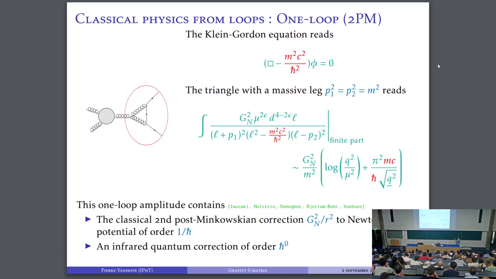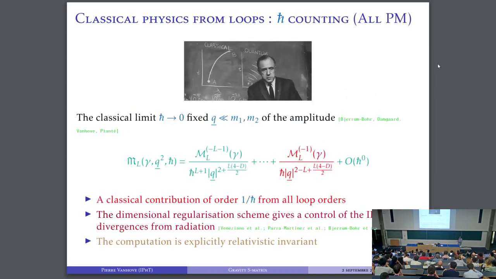And this piece will exactly be the one loop correction, which is the 2 PM correction to the classical potential. This is what I will put as the G cube order in my classical Hamiltonian. And then I have a piece that has to do with some quantum corrections.